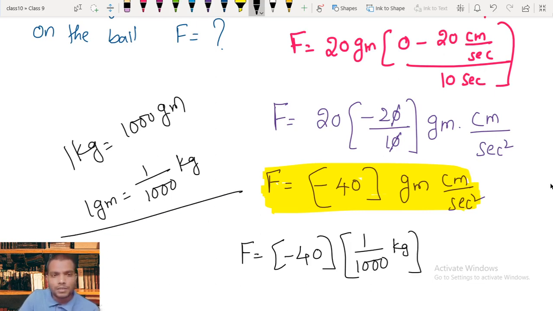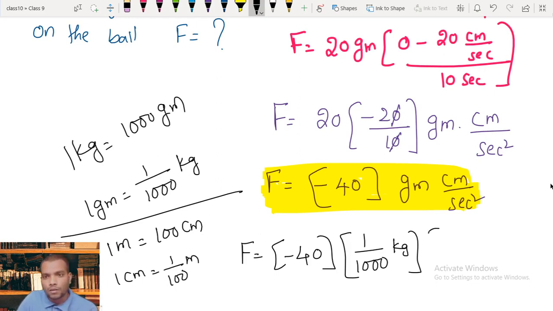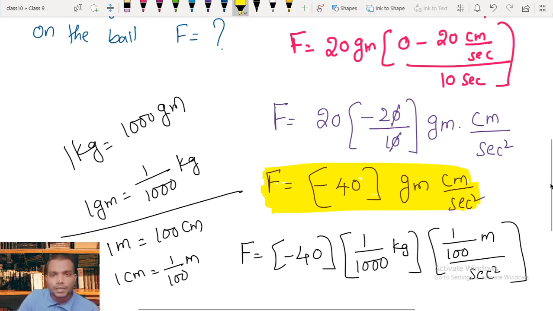Similarly, 1 meter contains 100 centimeters, therefore 1 centimeter equals 1 over 100 meters. Now in the numerator you can convert that to 1 over 100 meters upon second square. This calculation I am leaving to you, so you can solve it by yourself and find the force in terms of newtons.